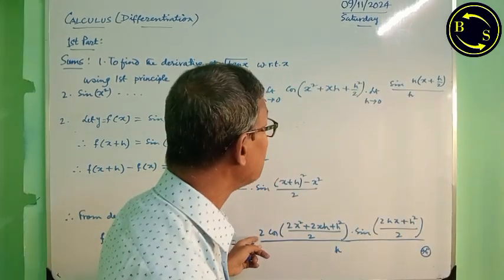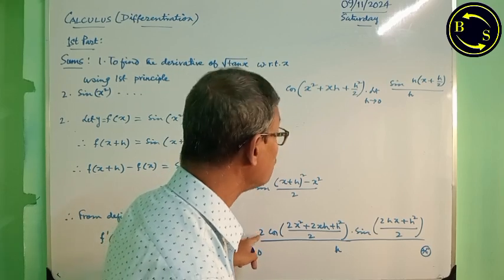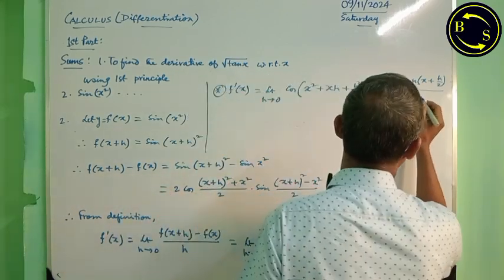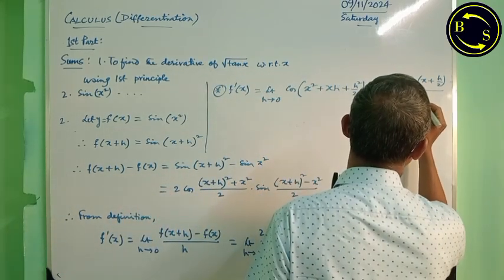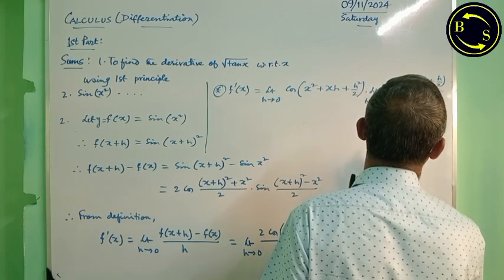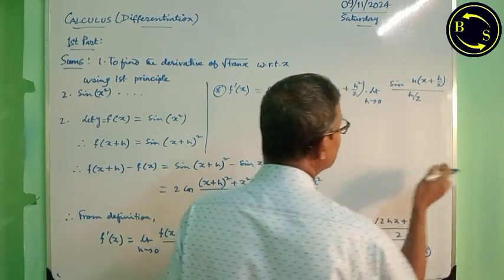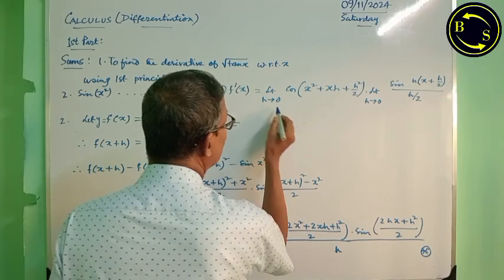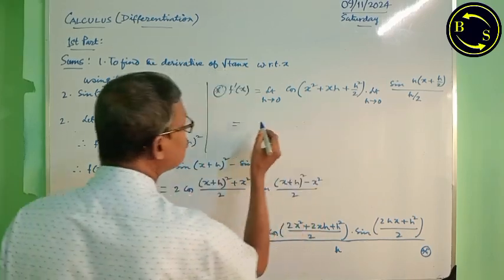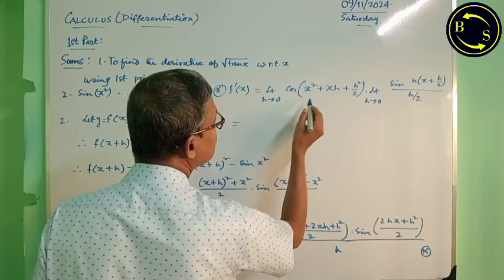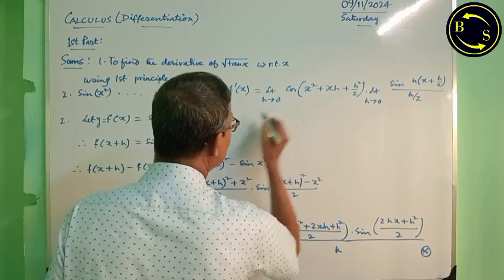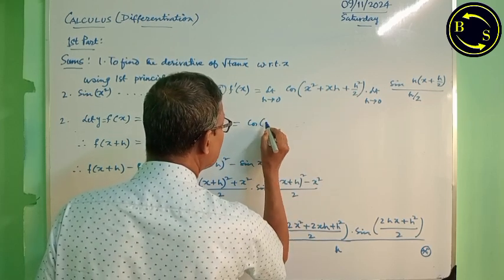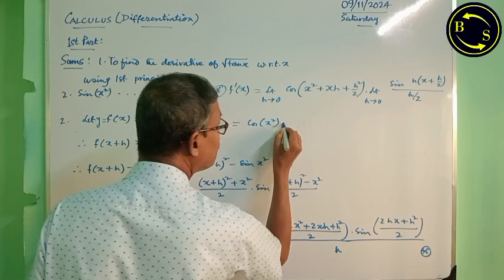Now I can take these two at the denominator, though it is not needed here. Okay. Now finally we put h equal to 0 here. What we get? This one becomes cos of x square.